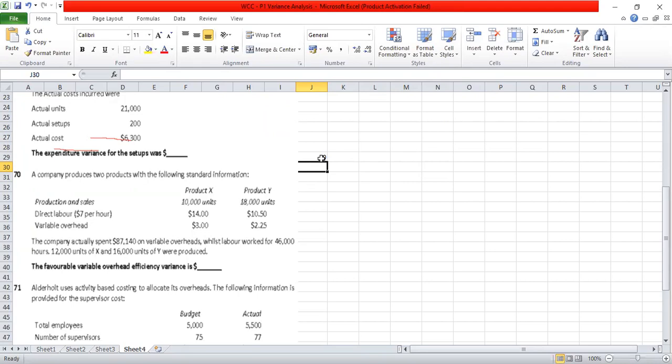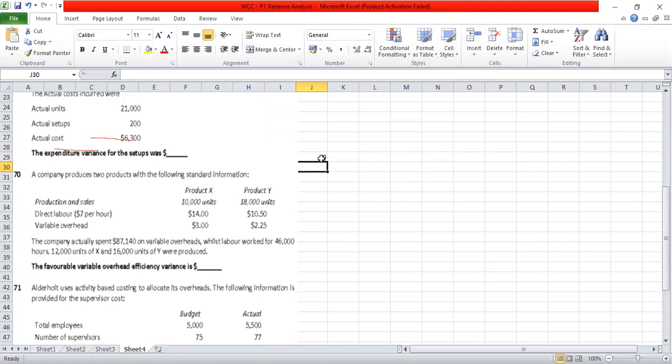The cost is $14 and $10.5. Variable overheads are given at the rate of $3 and $2.25. The company actually spent 87,140 on variable overheads, while labor worked for 46,000 hours. 12,000 units of X and 16,000 units of Y were produced.